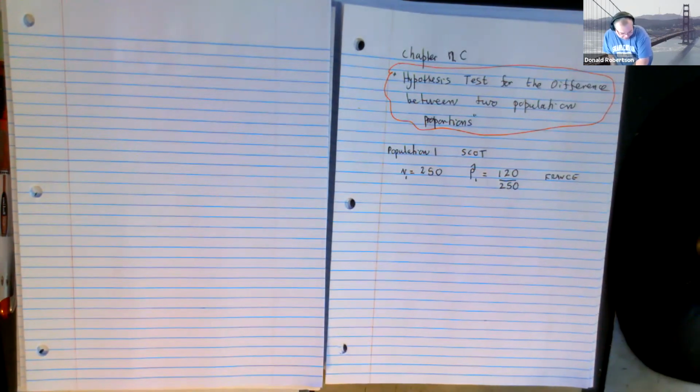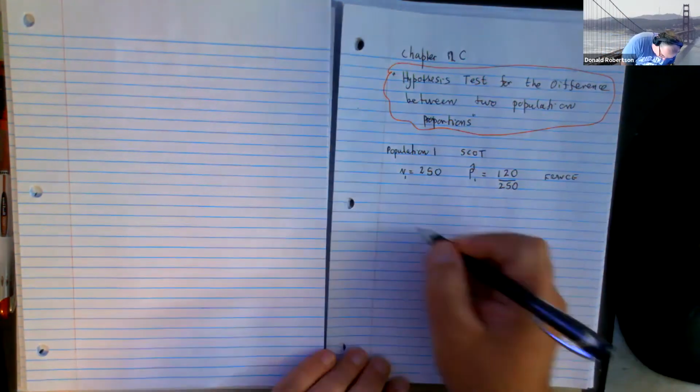So you did a survey of Scottish adults, a random sample of 250, you asked how many of them have been to France, and 120 said they had. If you live in Scotland, because I've done it, you can fly to Paris in about 2 hours. It ain't far away.